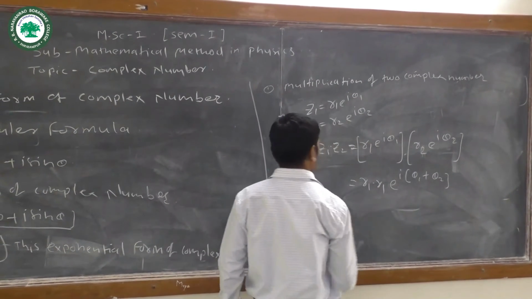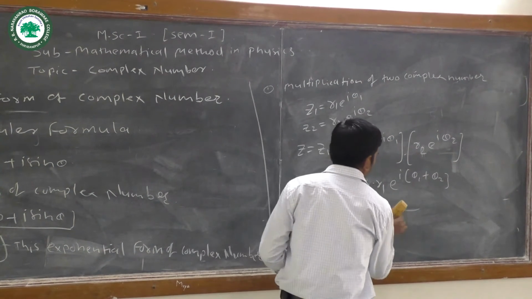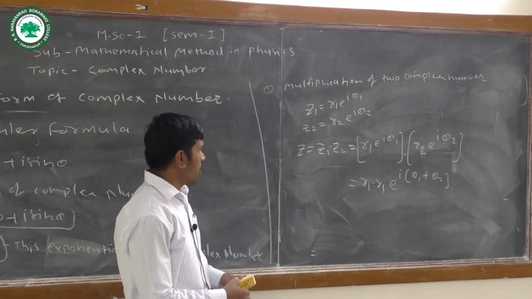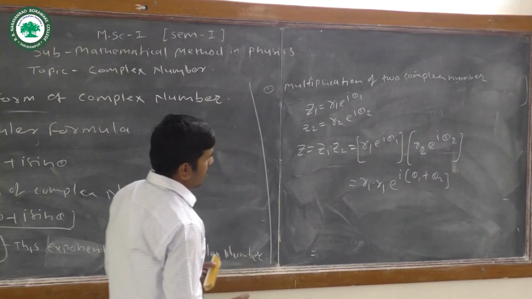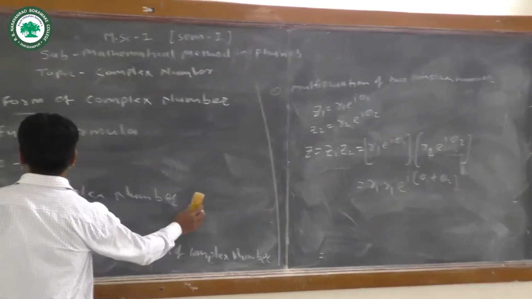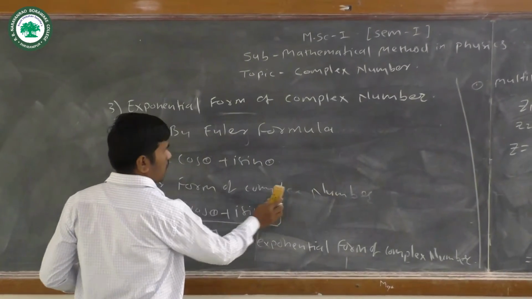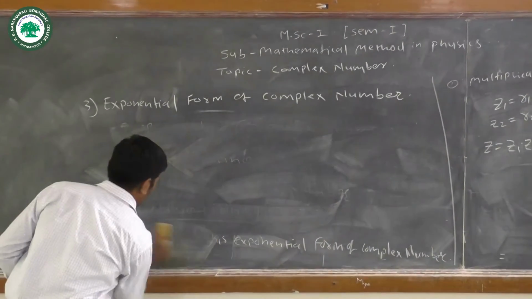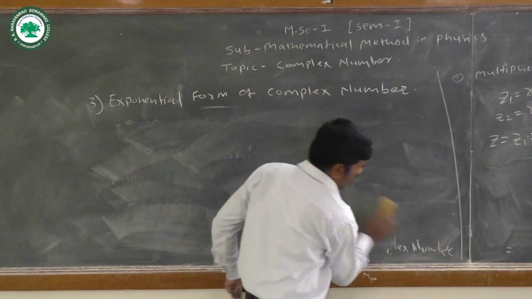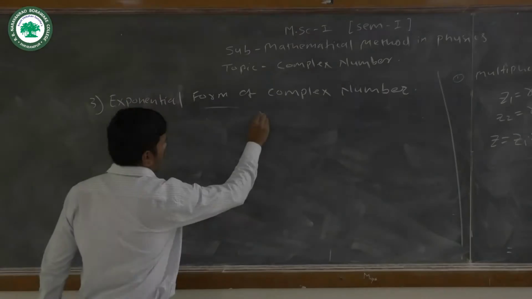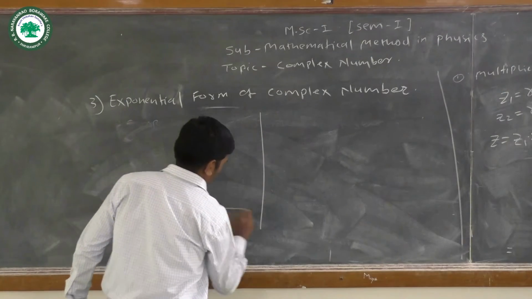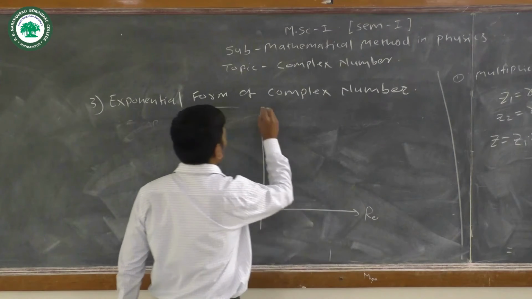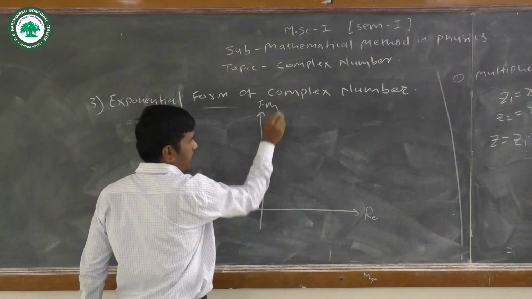So this is the product of these two complex numbers. Now let's represent this in the Argand diagram. This is the real axis and this is imaginary.